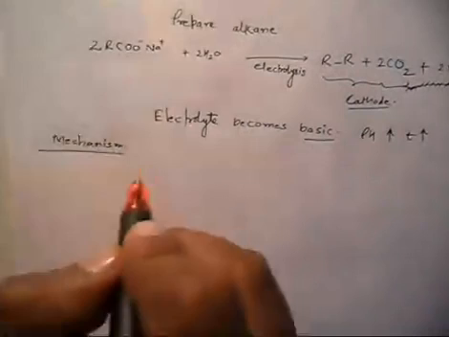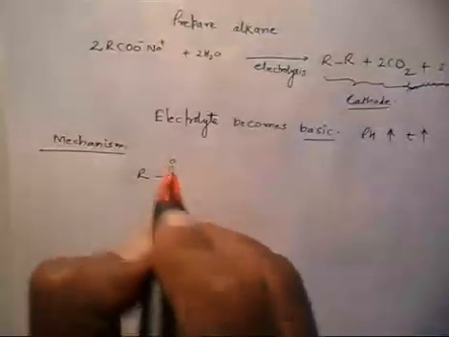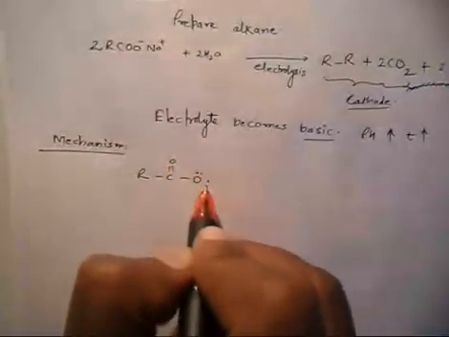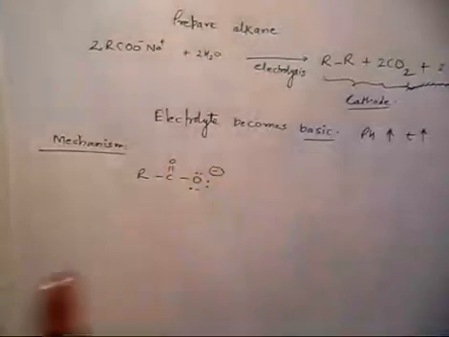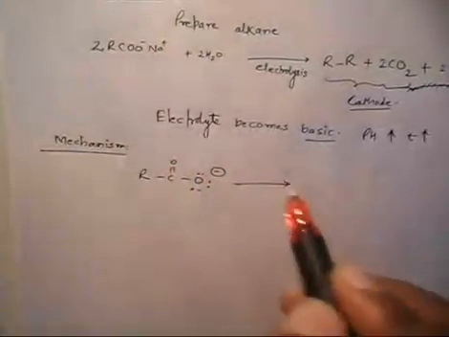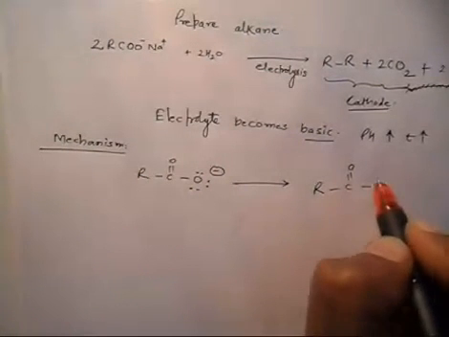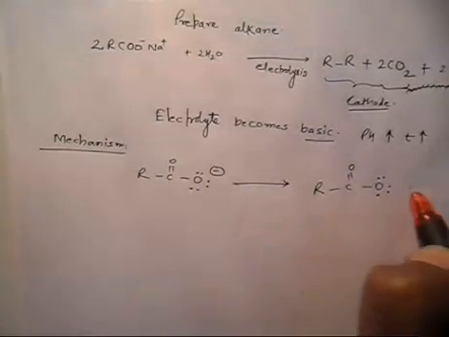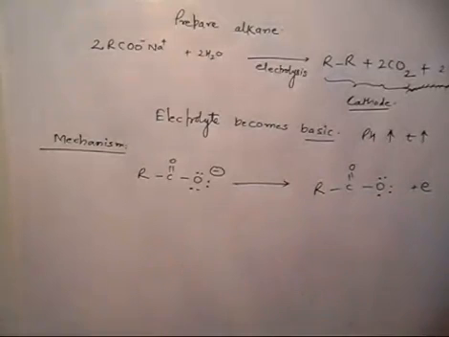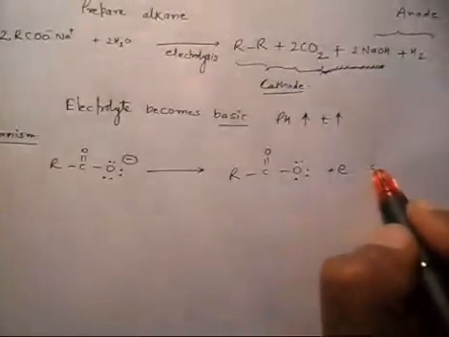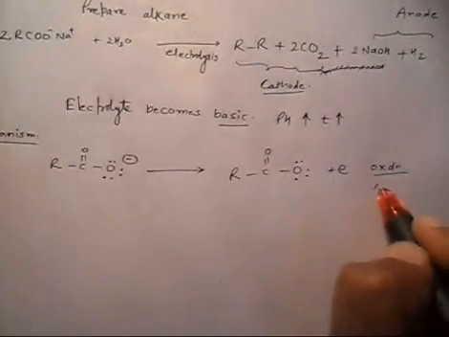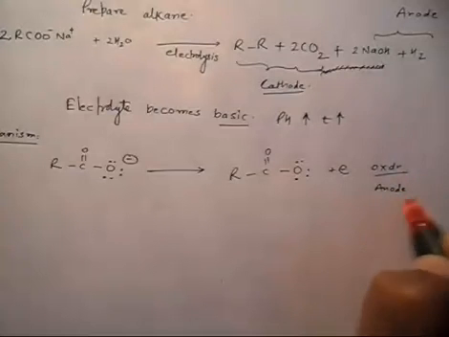So what happens? We have RCOO⁻. It can lose 1 electron and I will get RCOO• plus 1 electron. This is an oxidation, and we know oxidation occurs at the anode.